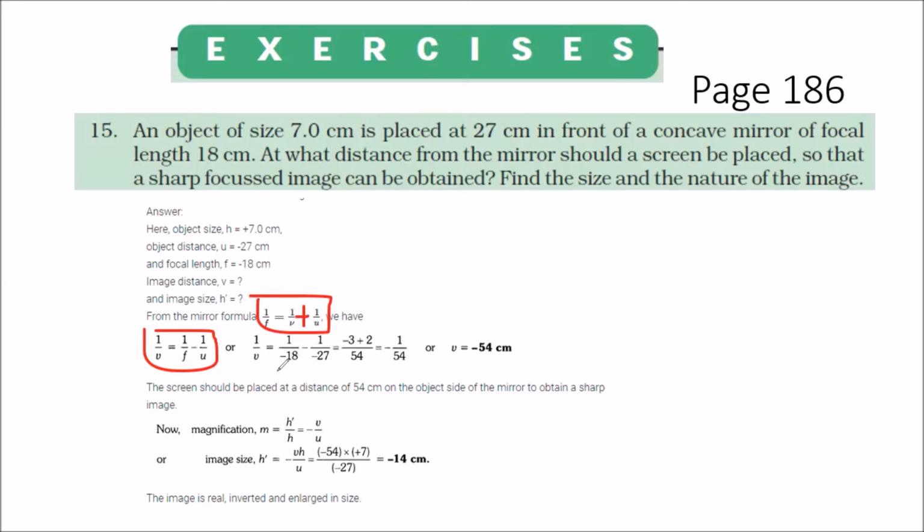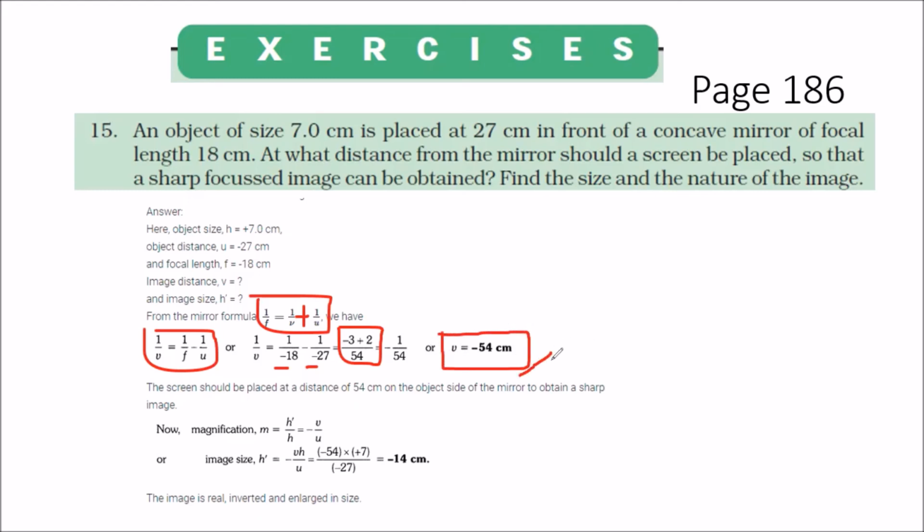As we have seen, focal length is minus 18, object distance is minus 27, and minus is already there, so we will take the LCM. LCM is 54, and after doing multiplication, we get minus 3 plus 2 upon 54, because both are minus minus, so we get minus 3 plus 2 is 1 upon minus 1 upon 54, which means we are getting the image distance as minus 54.